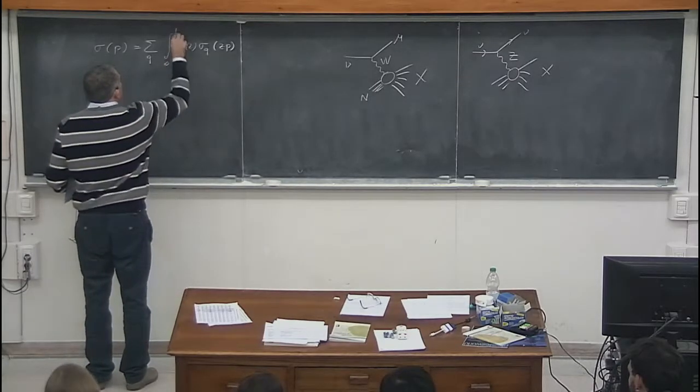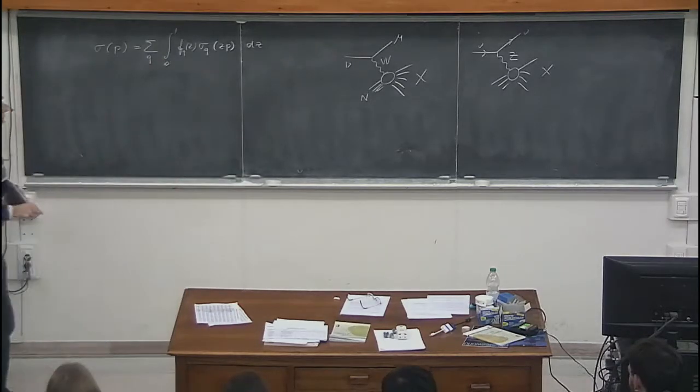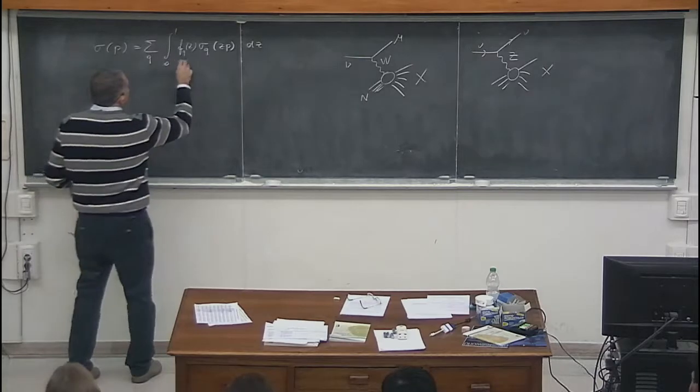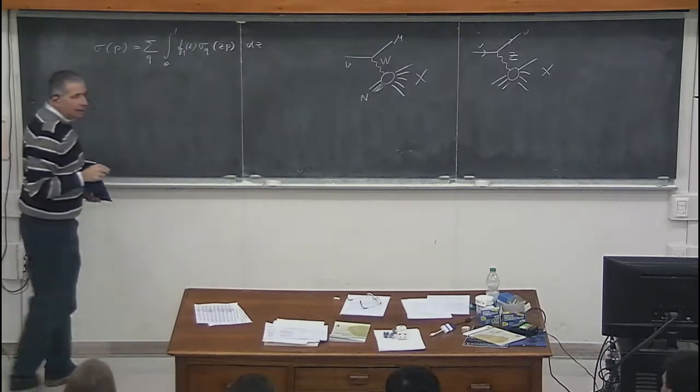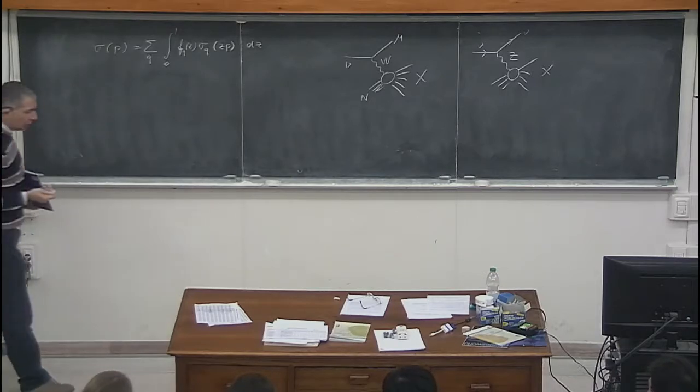And these parton densities have the property that they cannot be computed by the theory. They are essentially non-perturbative quantities, but they are universal. They can be measured in a process and used in another process to predict the cross-section.